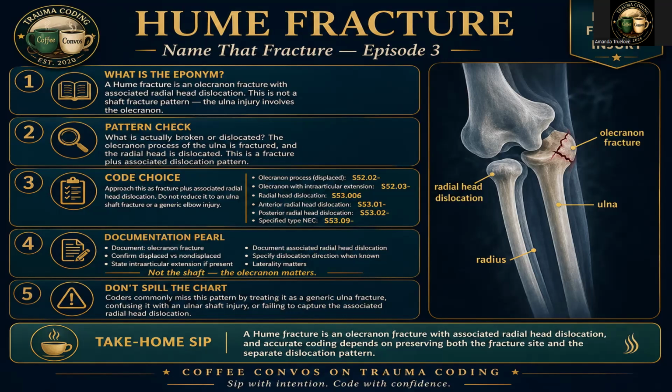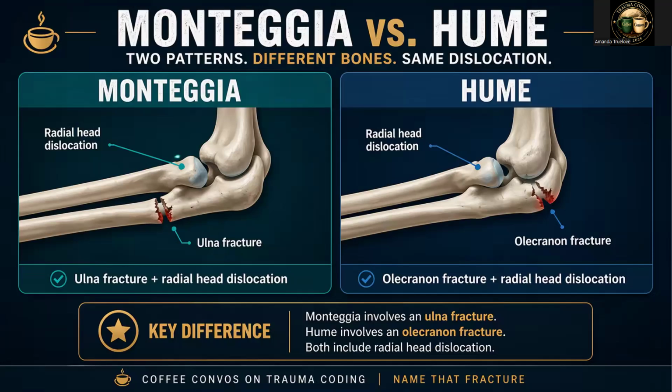The biggest mistake is coders will only assign the olecranon fracture and not recognize the radial head dislocation. Another is confusing this with Monteggia-type language, seeing those descriptions and trying to confuse it. Now, that's an easy thing to do when you don't read the anatomy carefully.